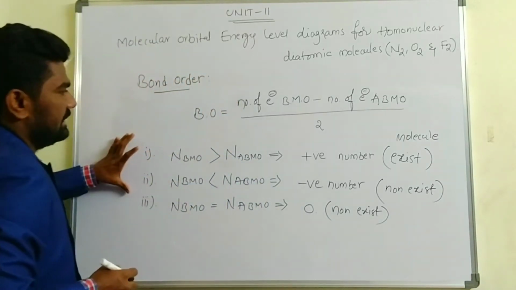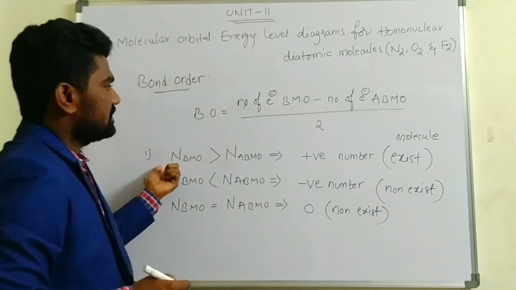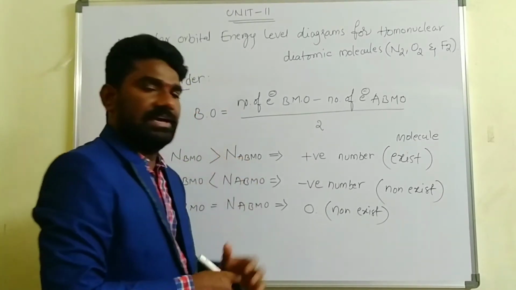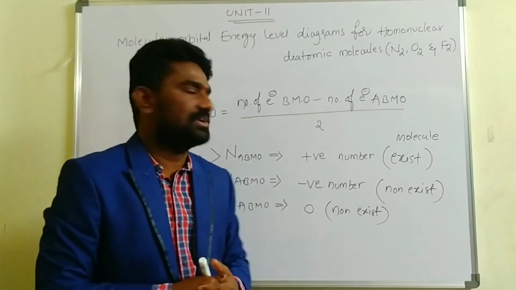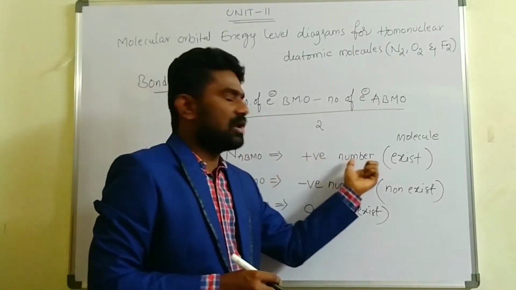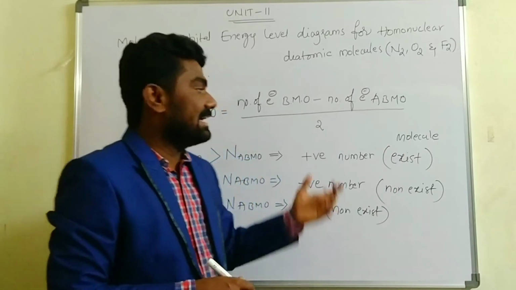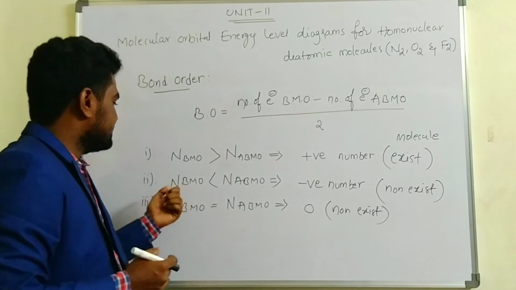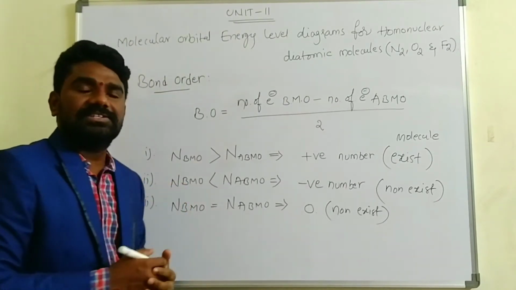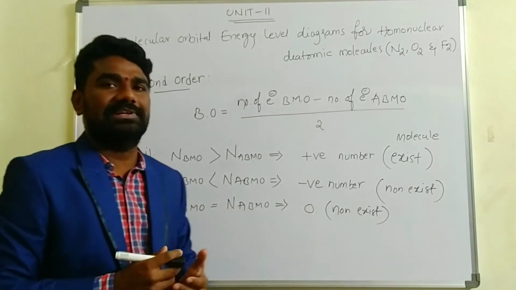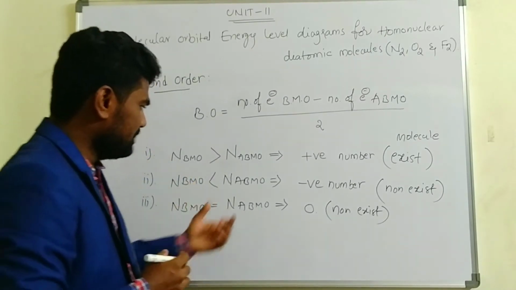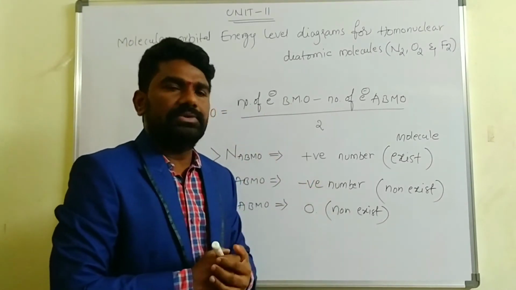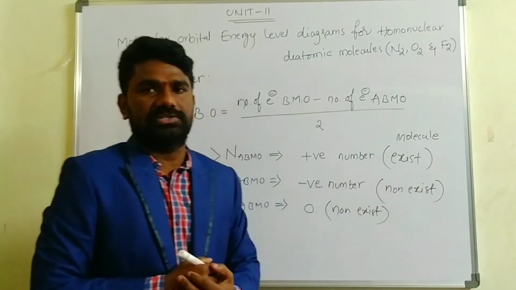So these are the three cases. In the first case, the bonding molecular orbital electrons are higher in number than the anti-bonding ones, so the bond order will be positive, and that molecule can exist or may be stable. In the second case, the bonding electrons are fewer than the anti-bonding electrons, so the bond order will be negative, which means it is non-existent.